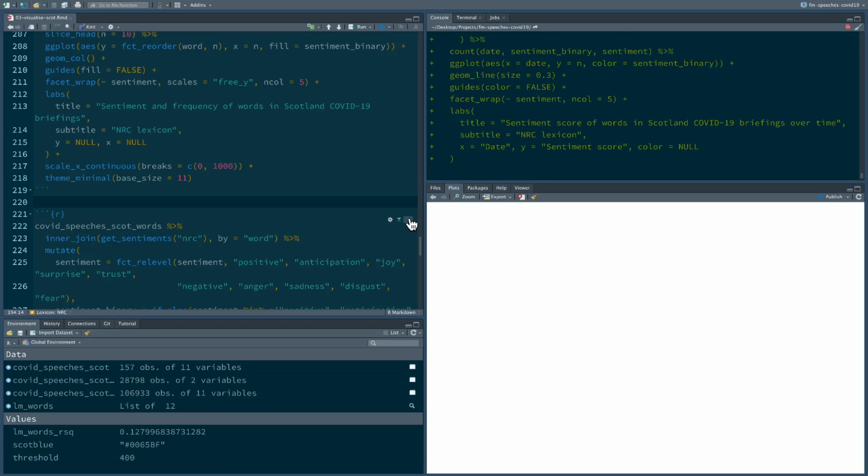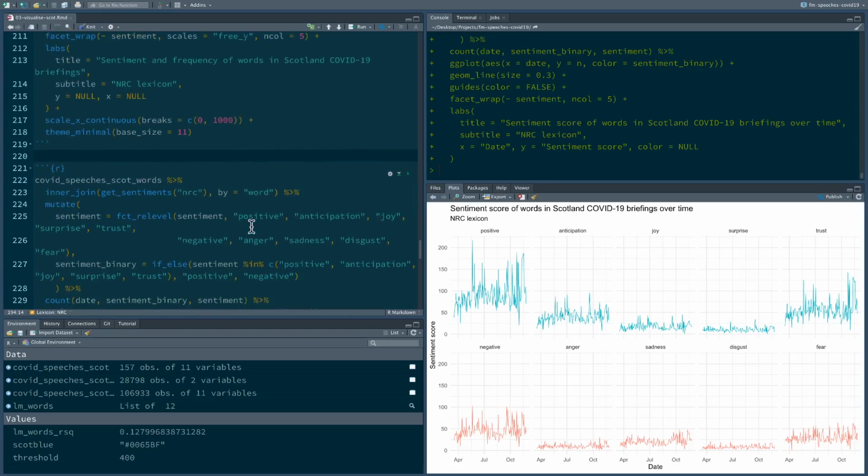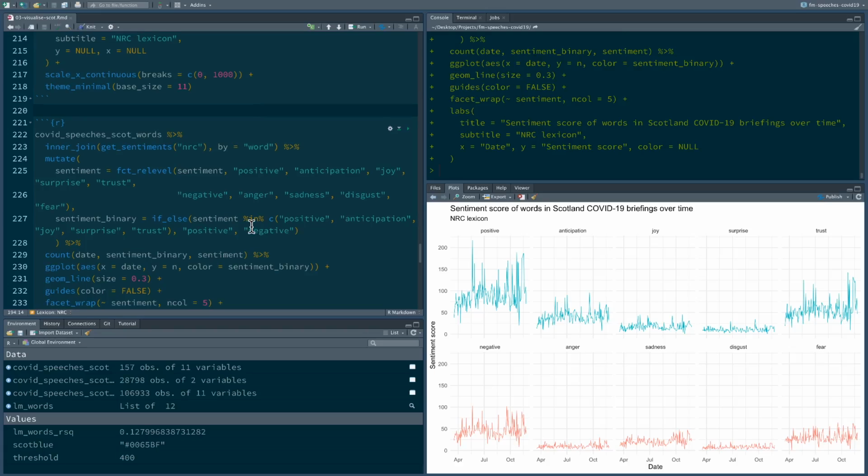Here's another look at those same sentiments, but this time we're looking at them over time. We've done the same steps here, but our only difference is that we have date on our x-axis, just to check whether particular sentiments have been going up over time or staying the same.